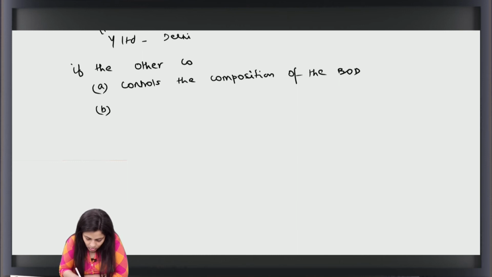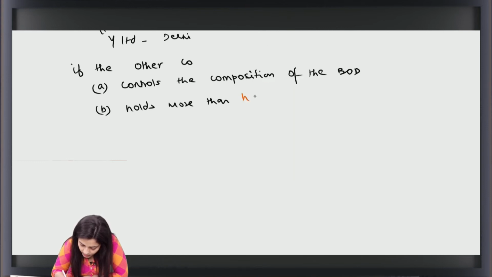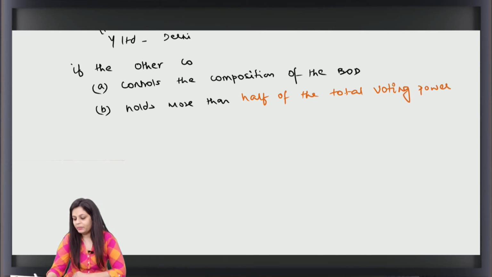Second, holds more than half of the total voting power. You may see shares, blah blah blah. Please, whatever you are referring to, this is what we have to study now.